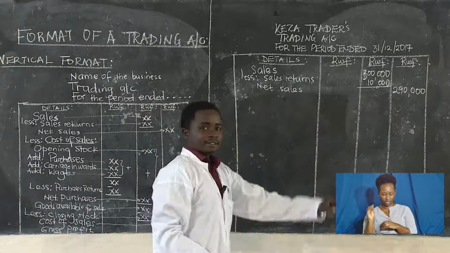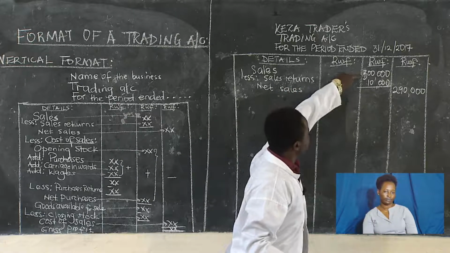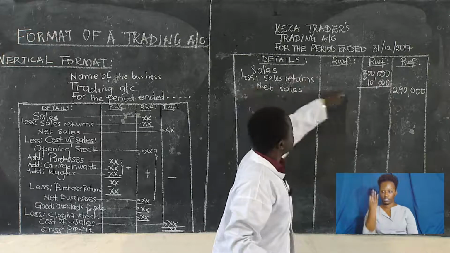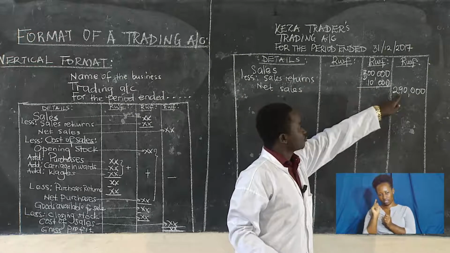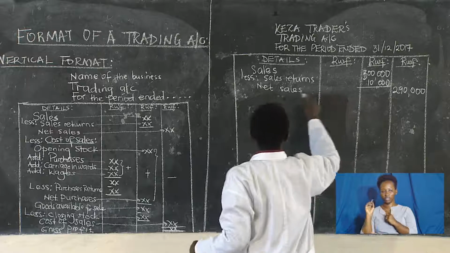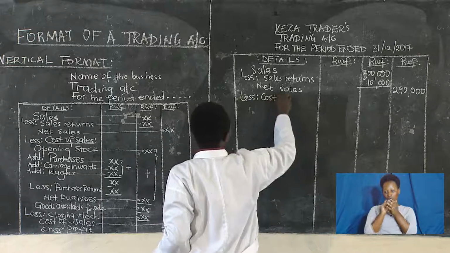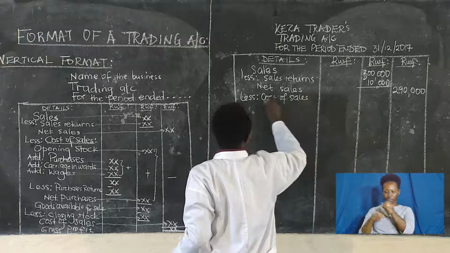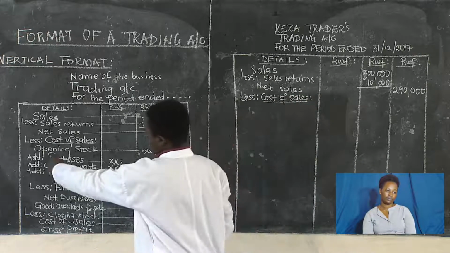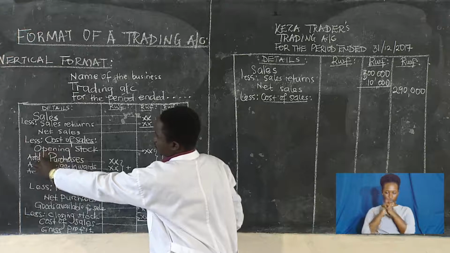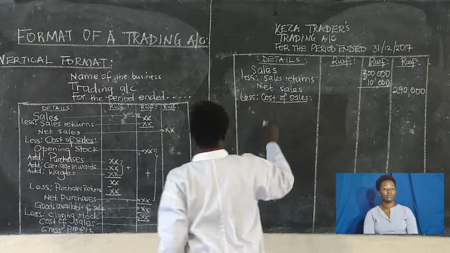Are we together? 300,000 minus 10,000, you get 290,000. That is our net sales. So net sales, subtract cost of sales, which we are going to look for. Follow the same process here. Less cost of sales. Then you must have opening stock.